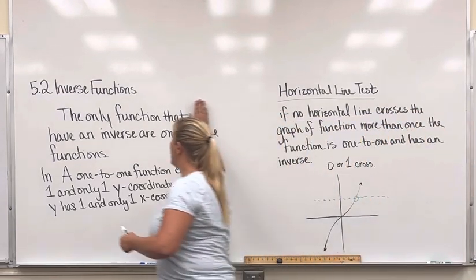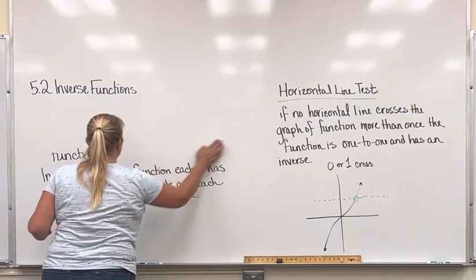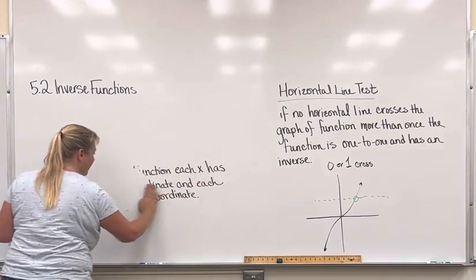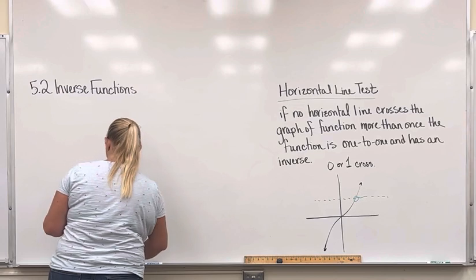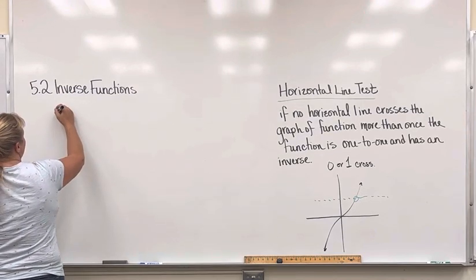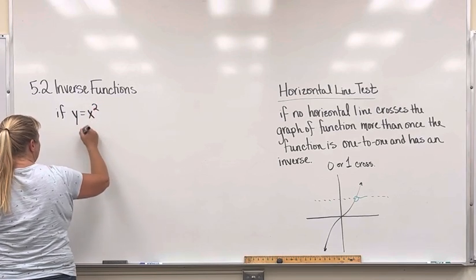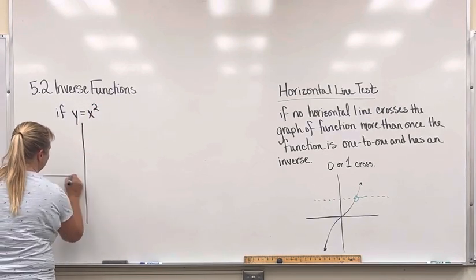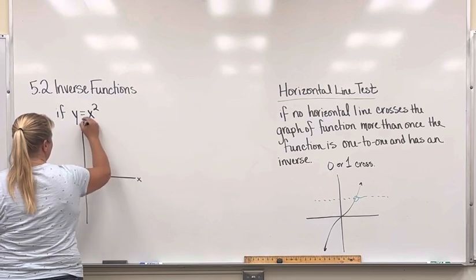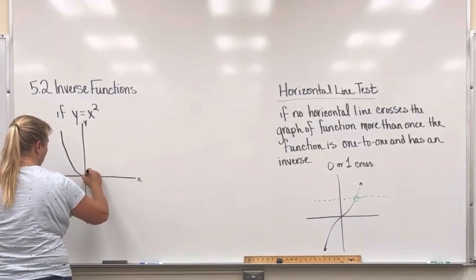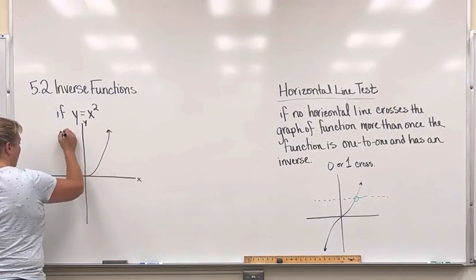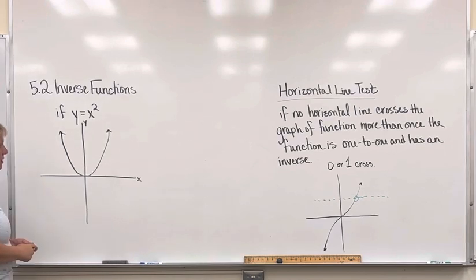But if we have that other example, y equals x squared, so we've got our parabola there. What happens when you go with a horizontal line here?